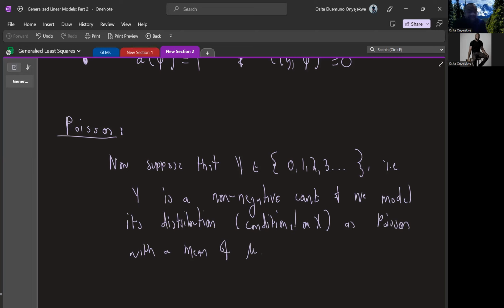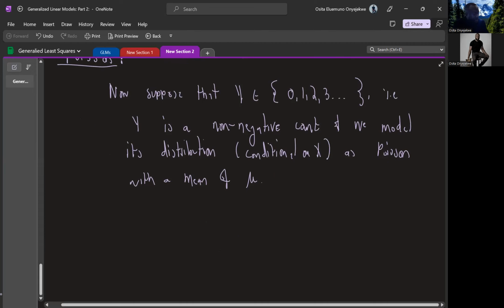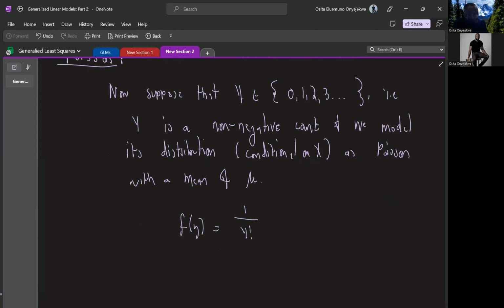If this is the case, then its probability mass function is going to be f of y is equal to 1 over y factorial, e to the negative mu, mu to the y.